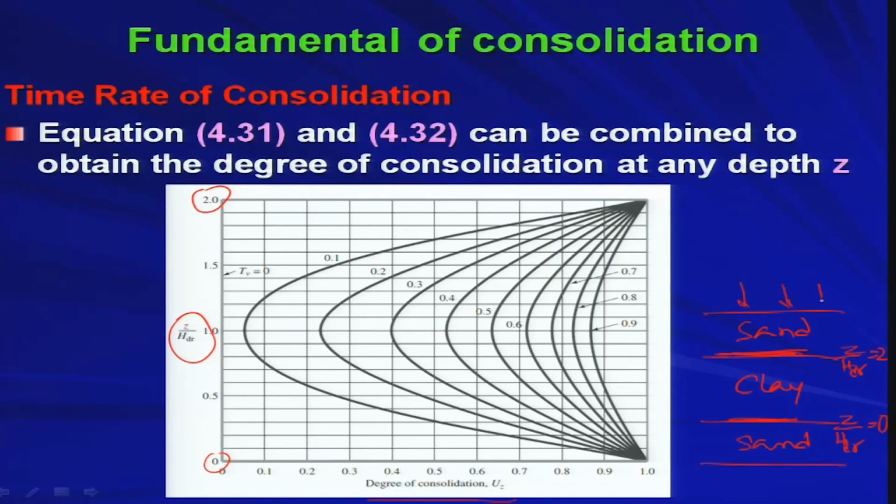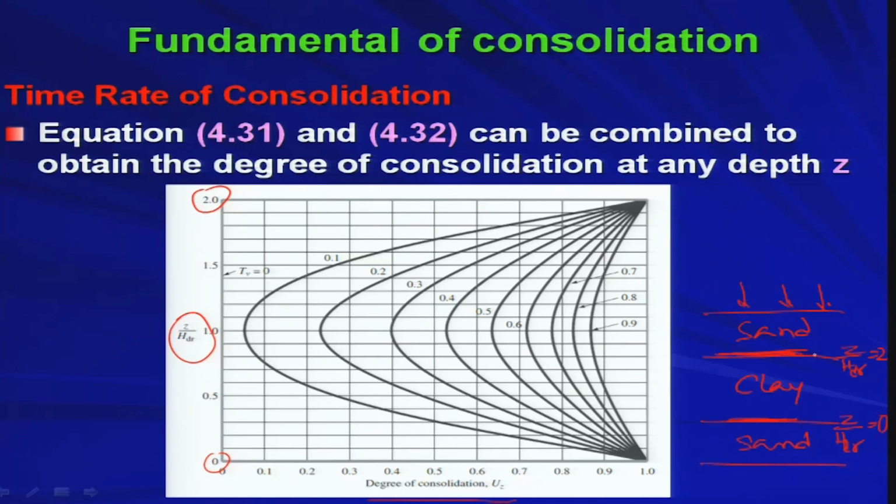Whatever additional load you apply, you will always get 100% consolidation at these locations, because water is immediately expelled from the clay layer. Now, as you go deeper and deeper, you have two different conditions.